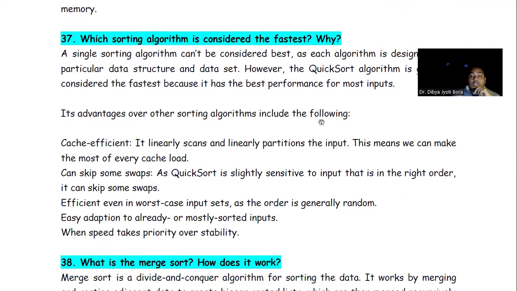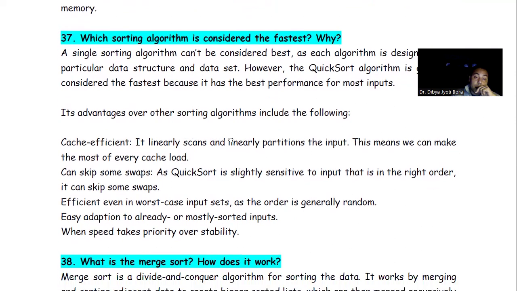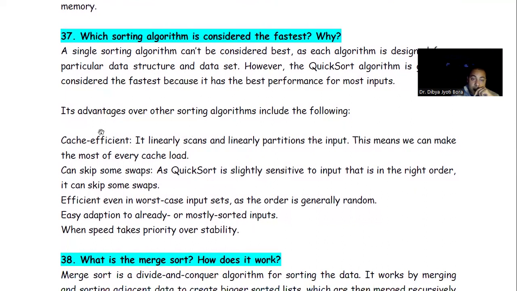Okay, now it has been said that the quicksort algorithm is generally considered good because it has some advantages over the other sorting algorithms. What are they? Cache efficient: it linearly scans and linearly partitions the input. This means we can make the most of the cache load. Can skip some swaps. You know, swapping happens in case of sorting algorithms. Any sorting algorithm you consider, right? Bubble sort, merge sort, quick sort.